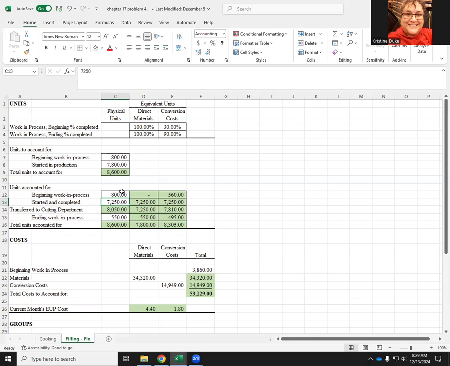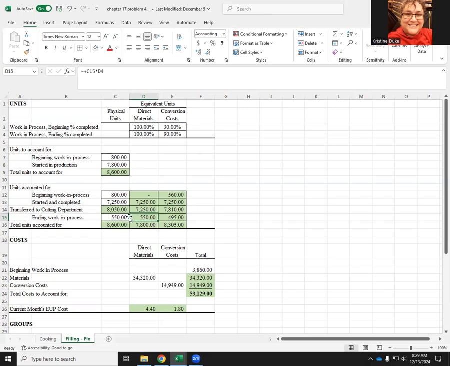I add these two up together because this is what we're going to consider as being transferred to another department. And so you can see I'm adding those up. And now I take this 8,600 minus the 8,050, my ending work in process, those are my units: 100% times 550, 90% times the 550. And so this in the end is what I account for.